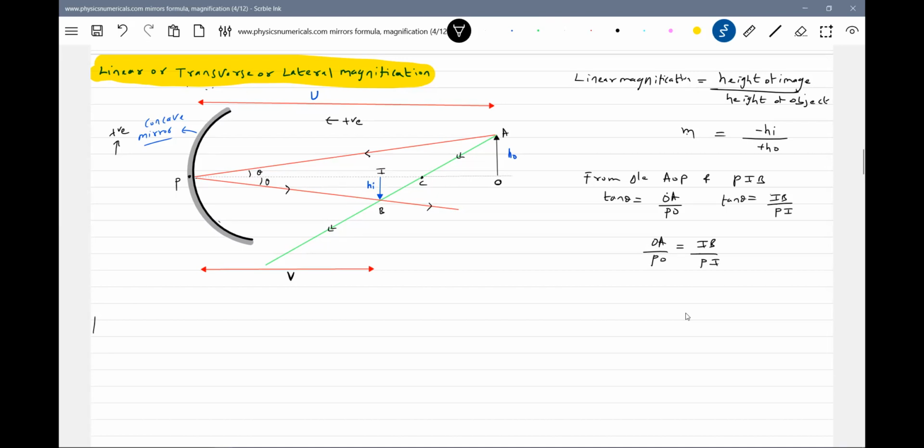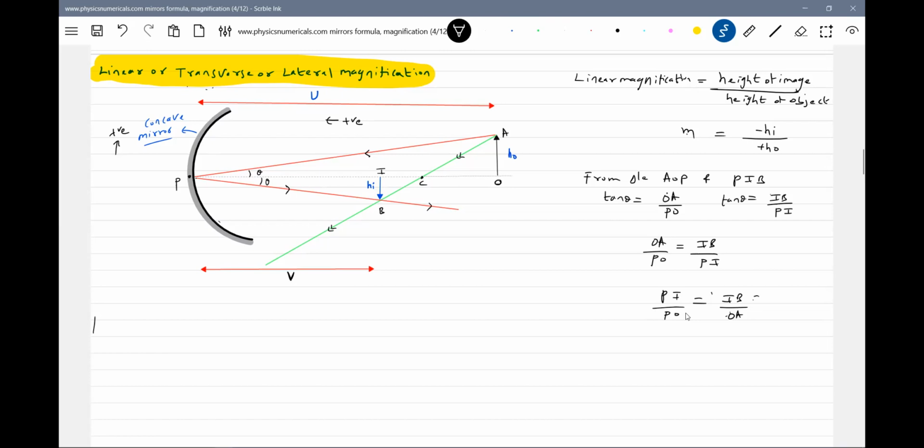First of all, OA, I'll write it like this: IB by OA equals PI by PO. What is IB?